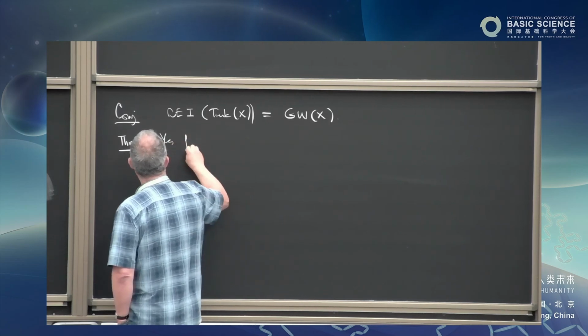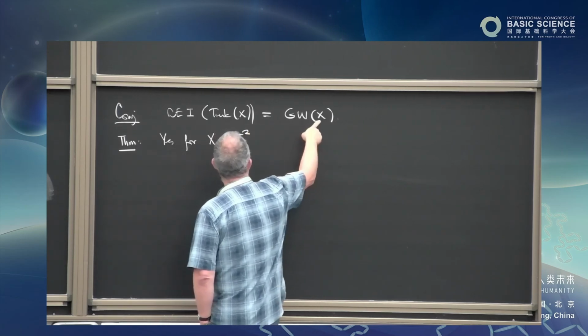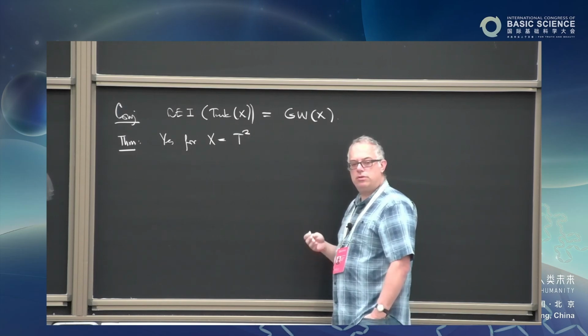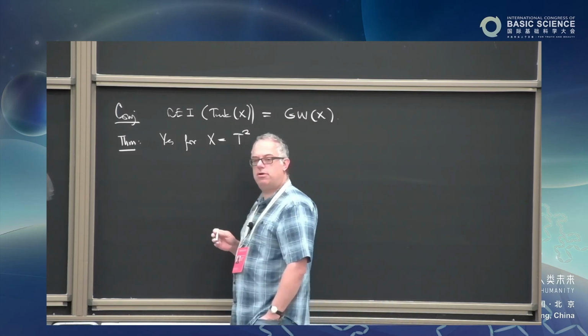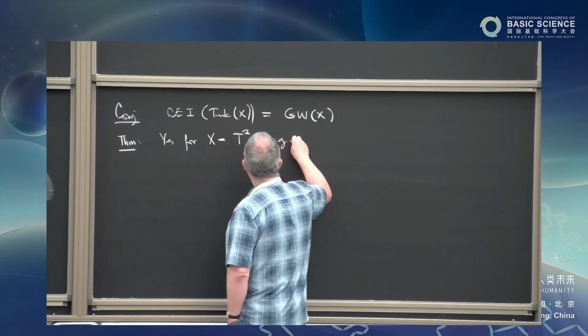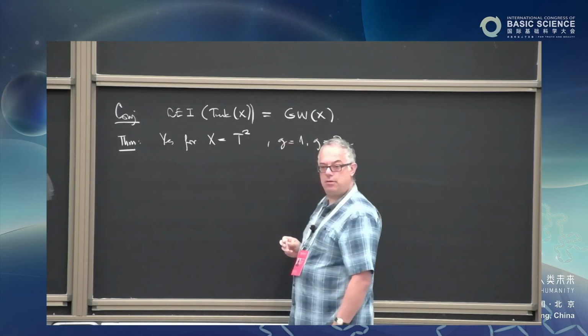So let me maybe state what's known. Yes, for X being the 2-torus. So this X has to be just a symplectic variety. So I can take the 2-torus with its obvious symplectic structure and any complex structure. And genus 1 and genus 2, this we can prove by direct calculation.